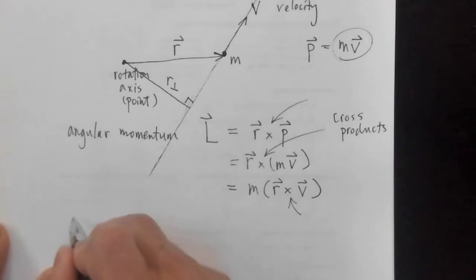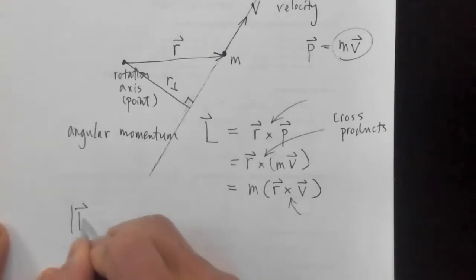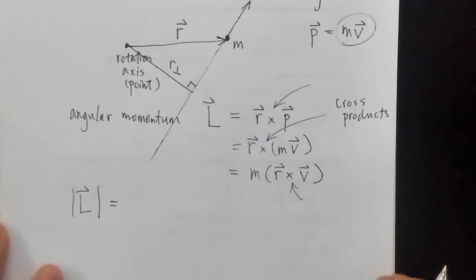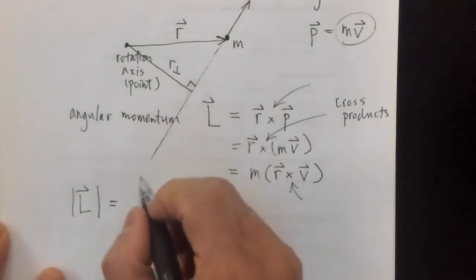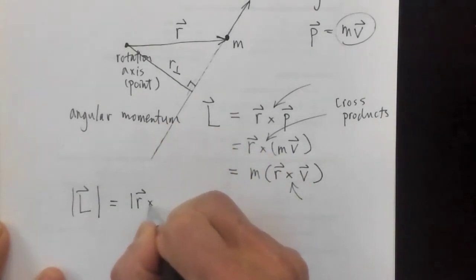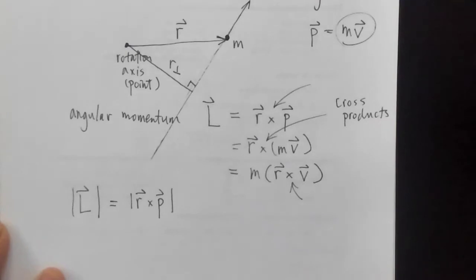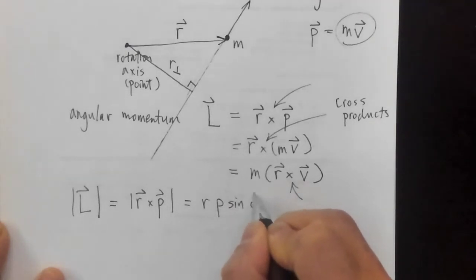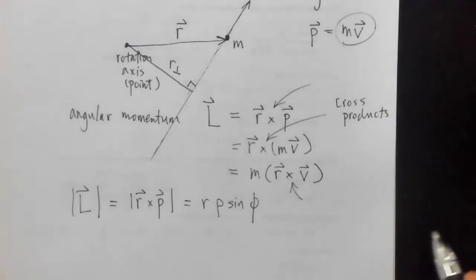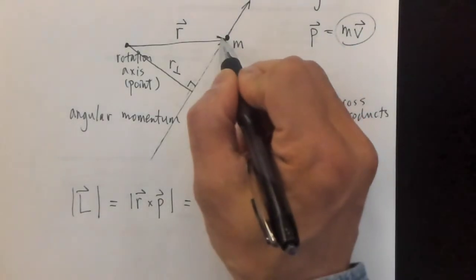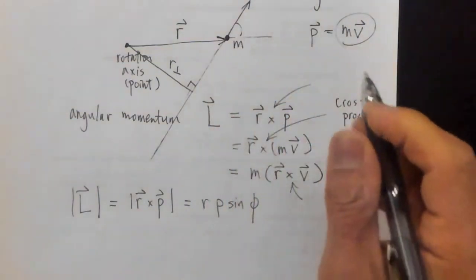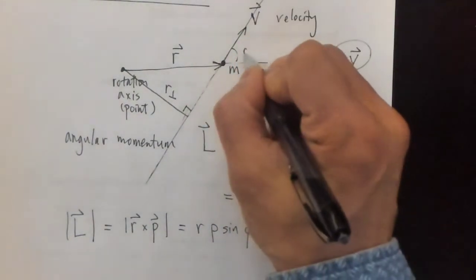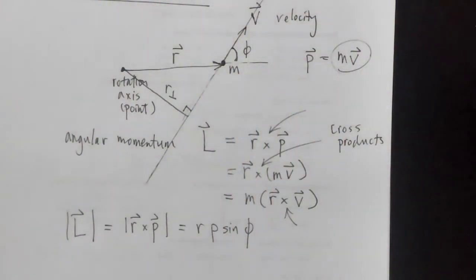So if we're talking about the magnitude of the angular momentum, then this will be the magnitude of r cross p, of course. And so that would just be r times p times the sine of the angle between them. I never wrote down the angle phi here, but that would be the angle between them.